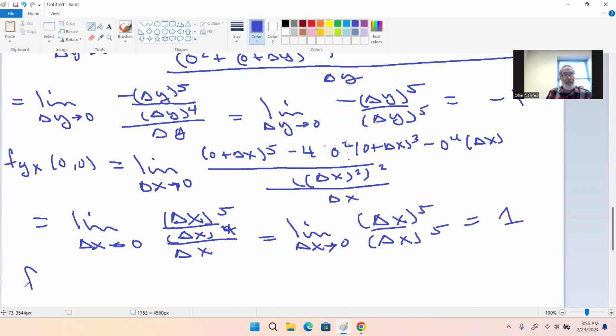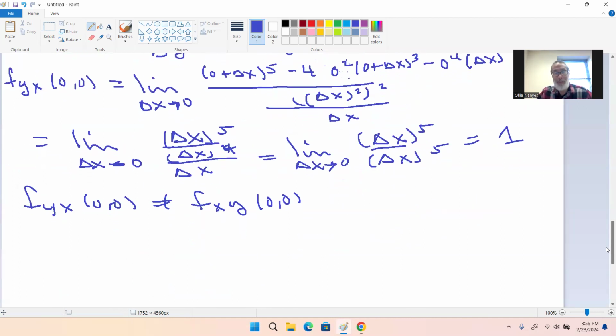So we see that f sub yx at 0, 0 is not equal to f sub xy at 0, 0. So Clairaut's theorem does not apply, and the reason is that the second partials are not continuous at the origin. So the theorem itself is not violated if the hypothesis does not apply.